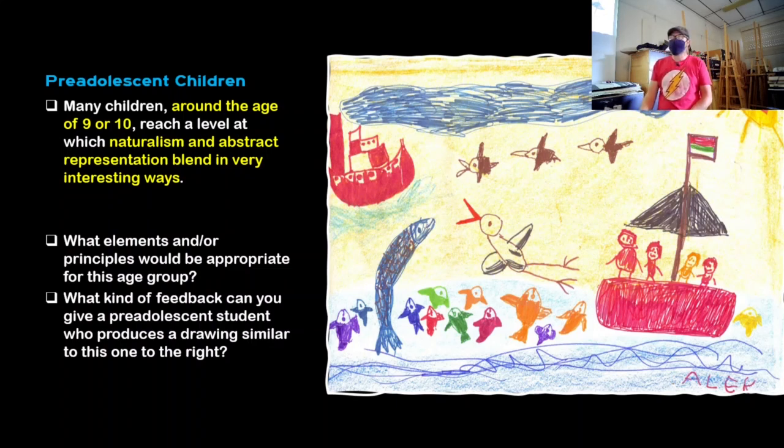And so, like I was talking about at the end of class on Wednesday, when we get to pre-adolescent children, this is one of my favorite stages. I love this interesting blend that happens within children.